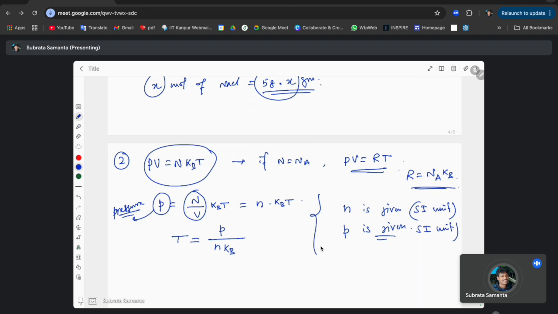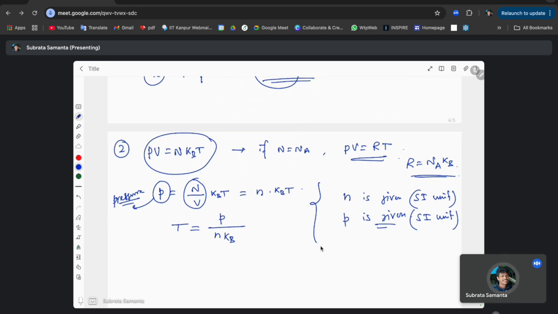You have to change to one unit always, so I follow the SI units, and you know the kB value is 1.38 times 10 to the power minus 23 joule per Kelvin in SI unit. Then you can calculate the temperature T given n and P, and knowing the value of kB, you can calculate the temperature in Kelvin.